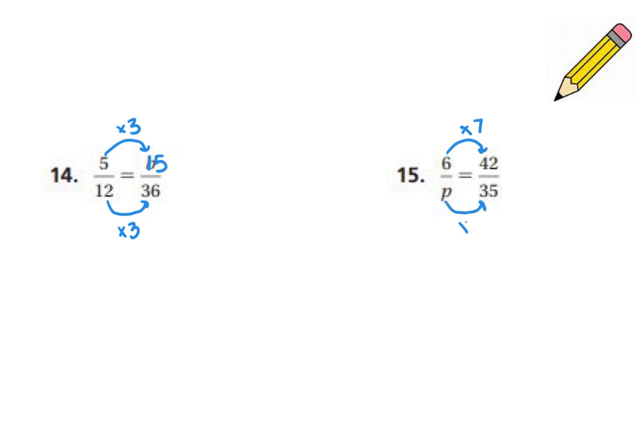So some number times 7 is 35. 5 times 7 is 35. Another way you could think of this is if you went the opposite direction. 42 divided by 7 is 6, and so therefore 35 divided by 7 is 5.